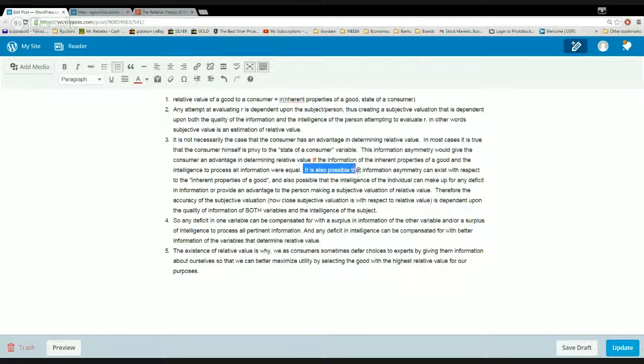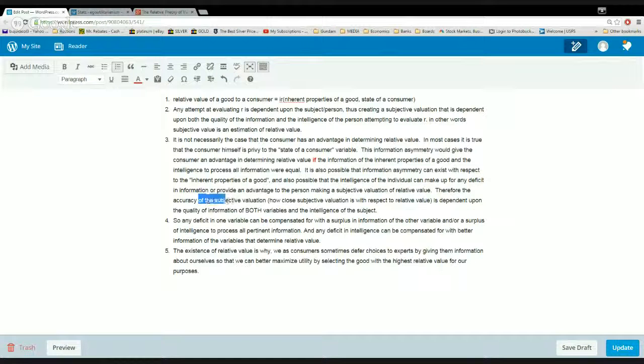It is also possible that information asymmetry can exist with respect to the inherent properties of the good variable, and also possible that the intelligence of the individual can make up for any deficit in information or provide an advantage to the person making a subjective valuation of relative value.